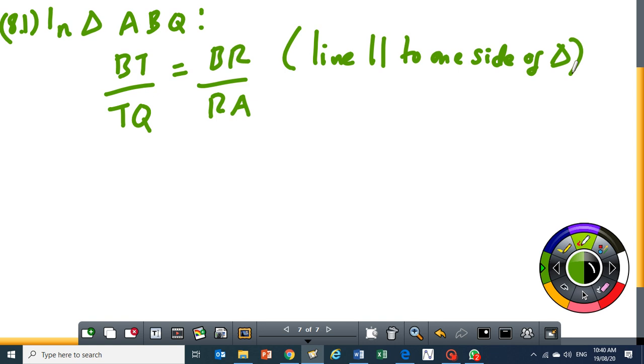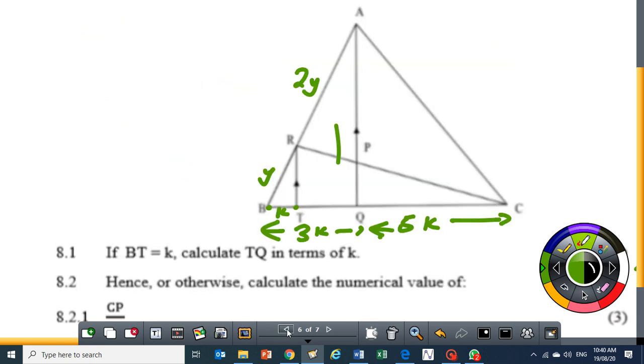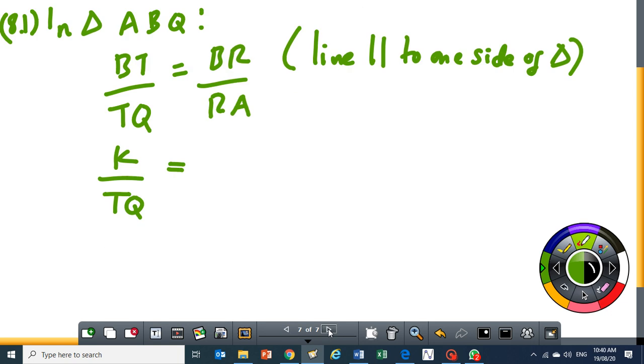Now my BT, we are told that it's K, and we want TQ. My BR in terms of y is equal to y, and my AR is equal to 2y. So that will be y over 2y, and these two cancel.